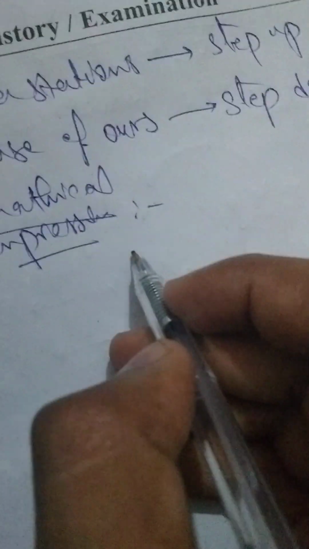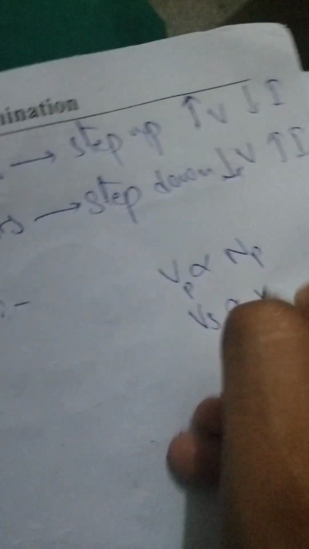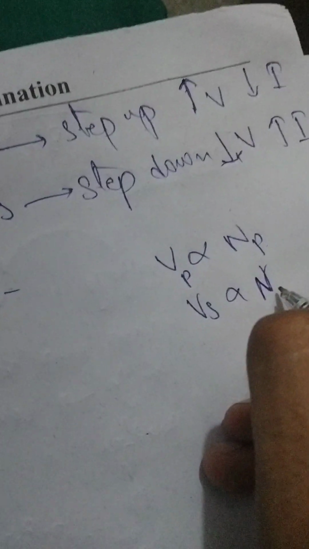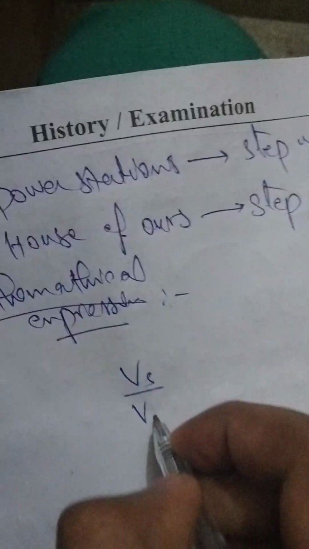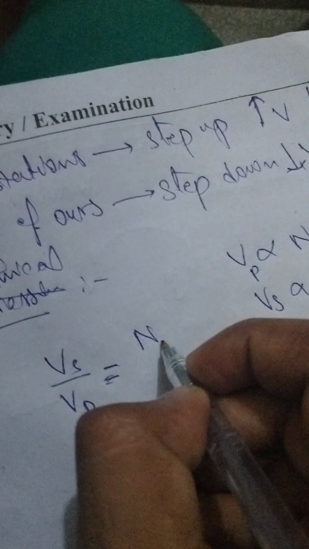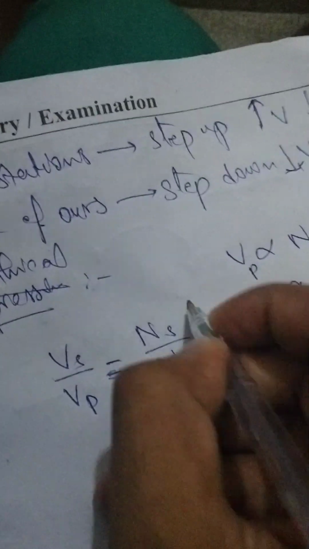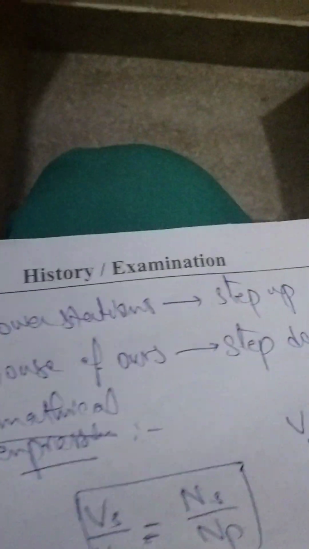So we can see this direct relation, which is the voltage, if we talk about primary or secondary, the ratio of both of them will be the ratio of the turns. So this is the first mathematical expression that we will use in a later discussion.